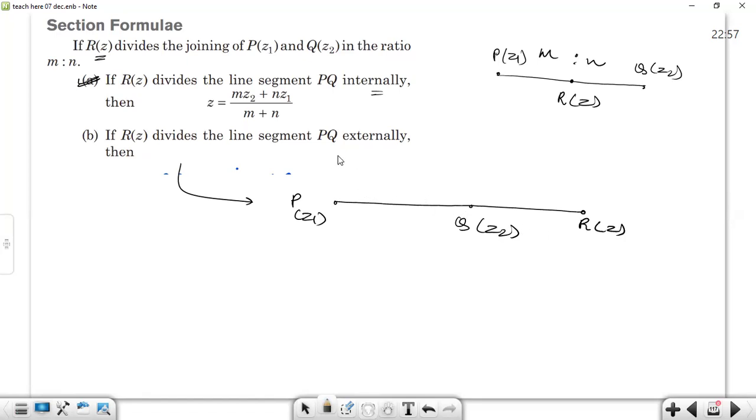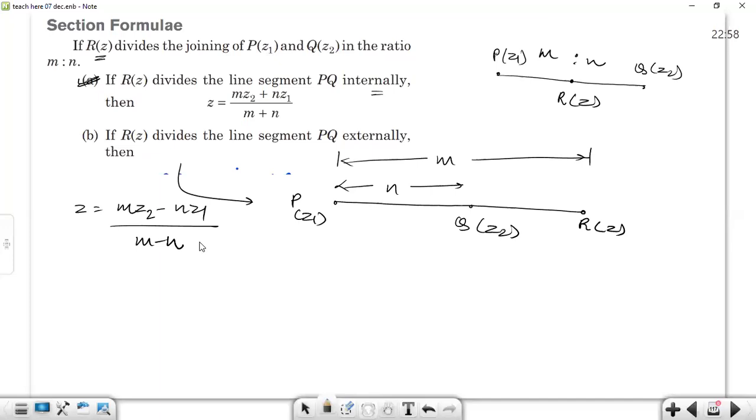So this time our ratio will be m is to n, PR is to PQ. So R divides the line segment externally. So this is external division. Now this will be written as Z = (m·Z2 − n·Z1) / (m − n).